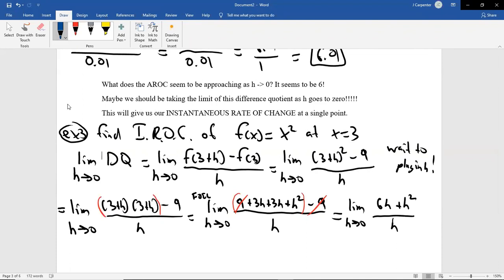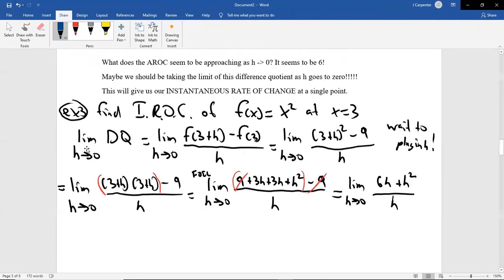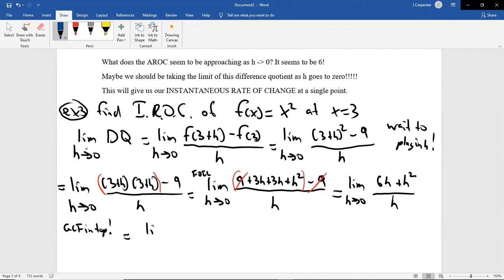And if you plug in the 0 now, it's still not going to work. The top and bottom are both 0. But what we can do now is, in the top, there's a GCF. This is a very common issue. So let's factor it out. So that's the limit as h goes to 0. Take an h away from the 6 and the h squared. What are you left with? Taking it from the 6h, you're left with 6 plus h squared had 2 of them.